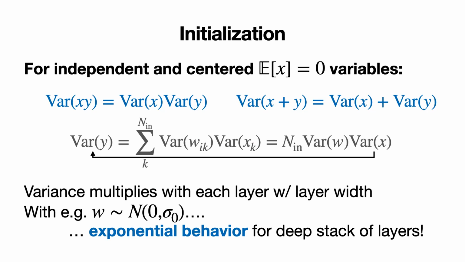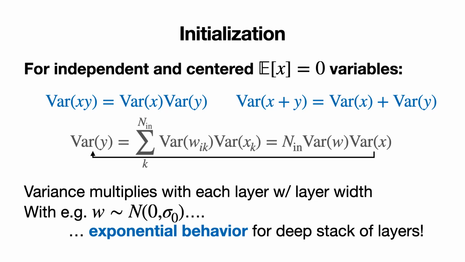If you have centered and independent variables, the variance of the product of two numbers is the product of the variances of the two numbers. And if you're adding two numbers, the variances add. This is more or less the way we also do error propagation. It's just the Pythagorean theorem for errors.